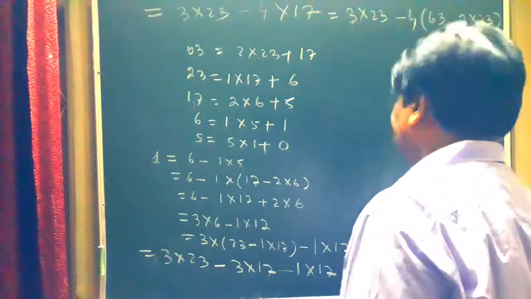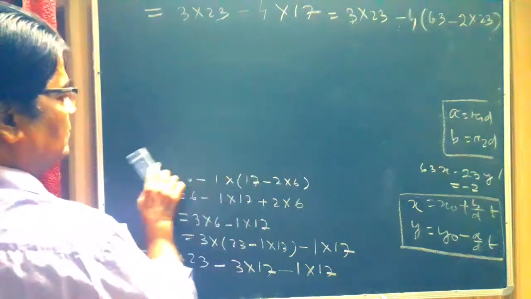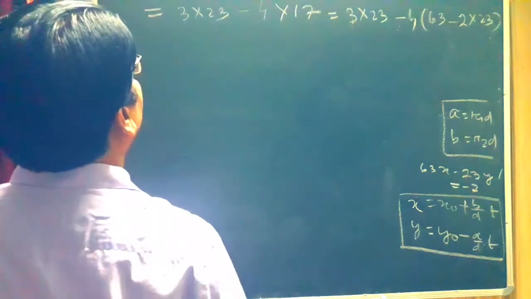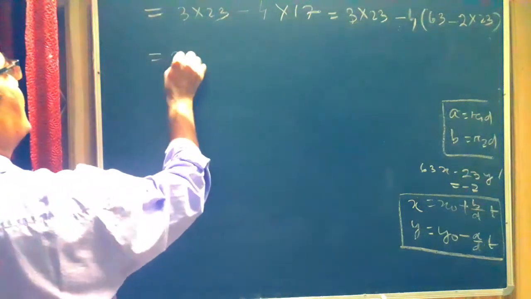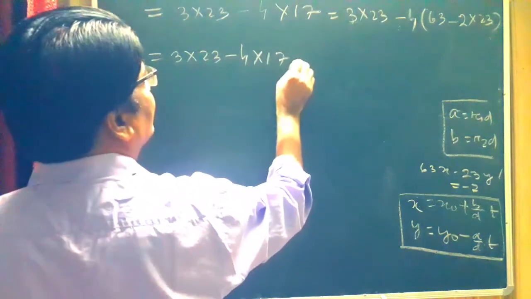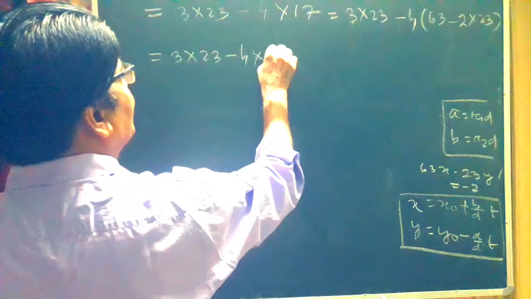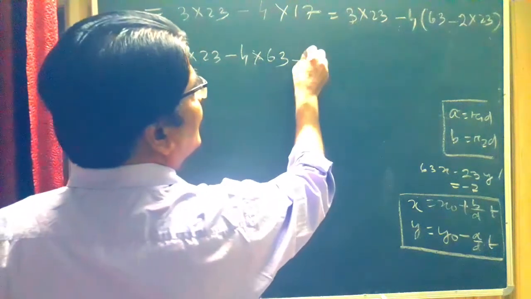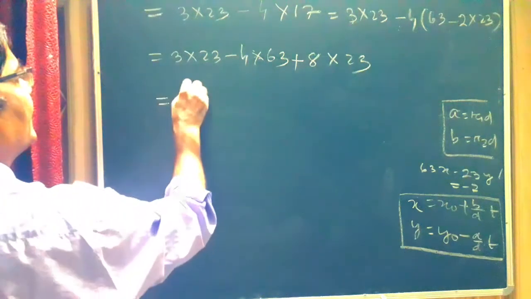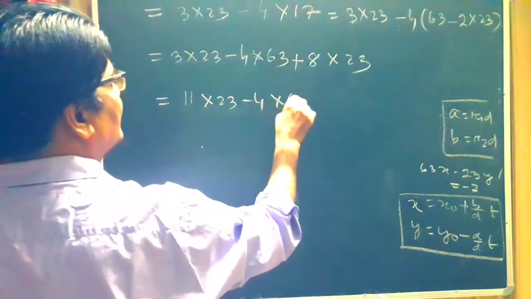So this is equal to 3 x 23 - 4 x 63 + 8 x 23. So this becomes 11 x 23 - 4 x 63.